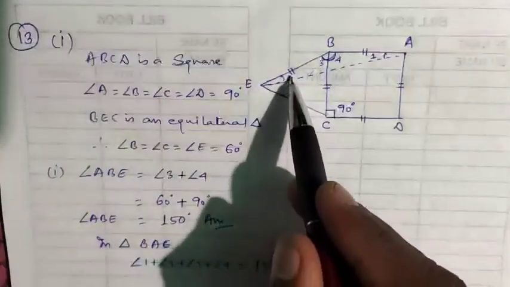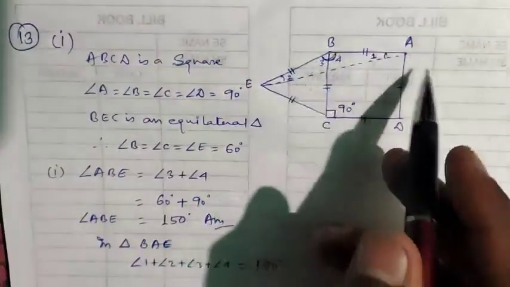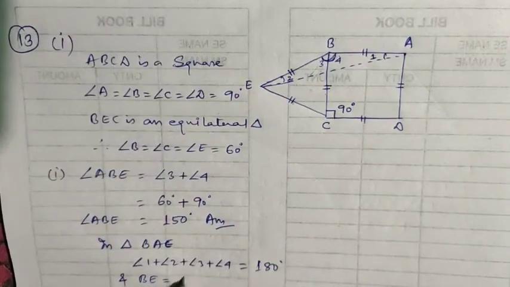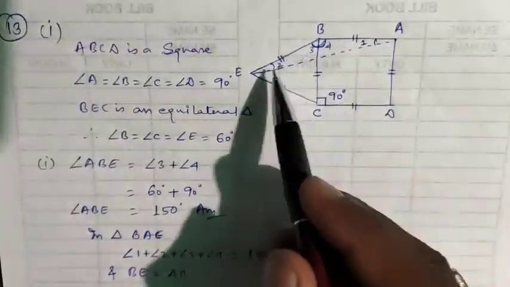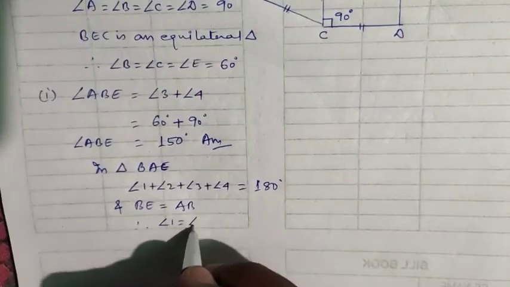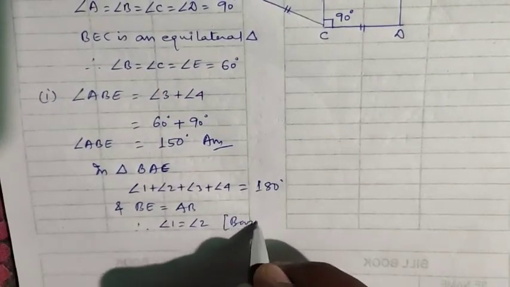And in this triangle BE is equal to AB. Therefore if these two sides are equal, angle 1 will be equal to angle 2. We will write angle 1 is equal to angle 2. Give the reason, base angles.